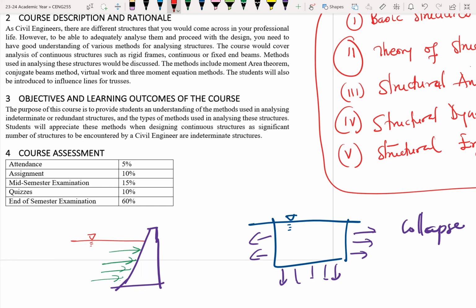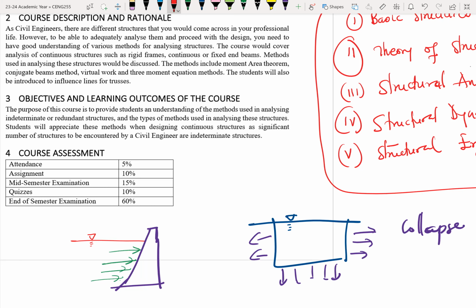Okay. So at the end of this course, by I think January or February, the goal is that everyone in this class should have some understanding of how to analyze structures using some of the methods that we would end up studying in the course. Okay.